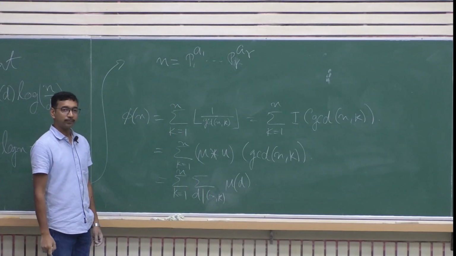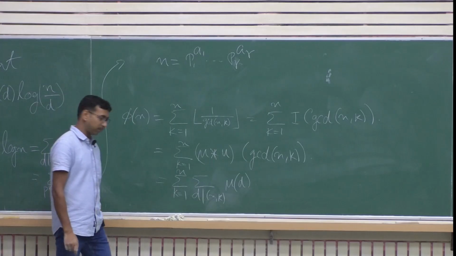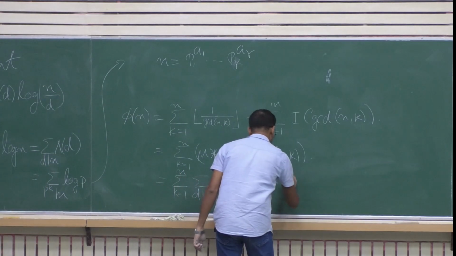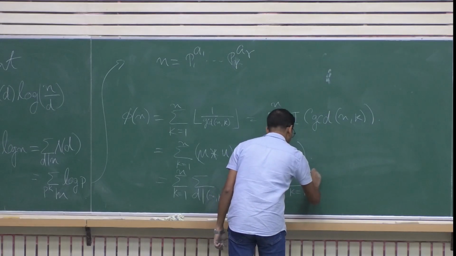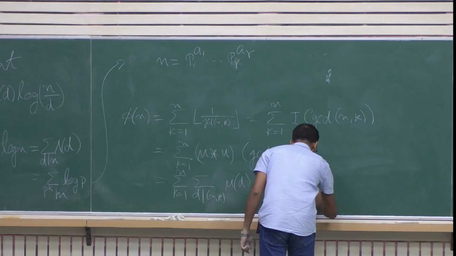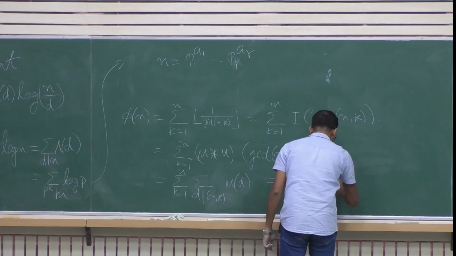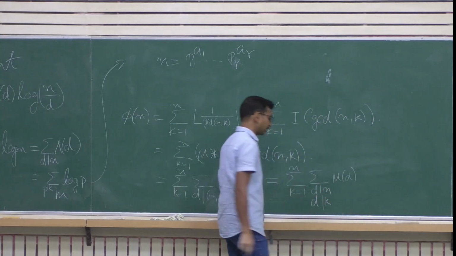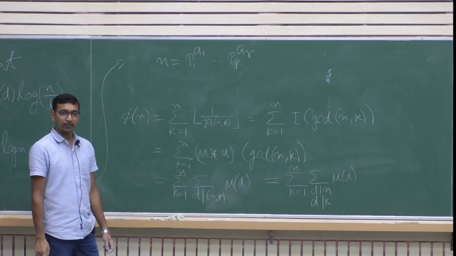Now d divides GCD of n comma k means d divides n and d divides k. So this is summation k running from 1 to n, summation d divides n, d divides k, of mu d.